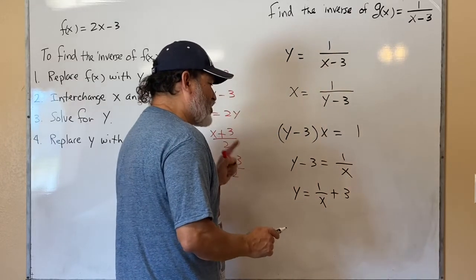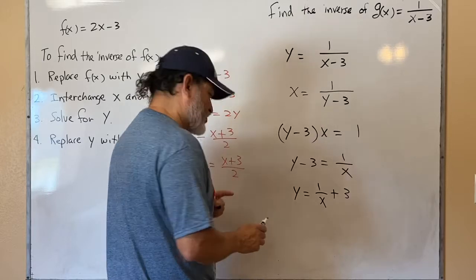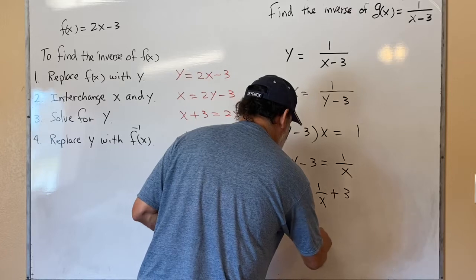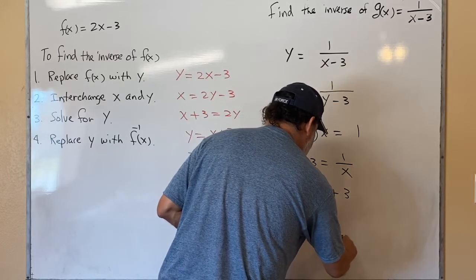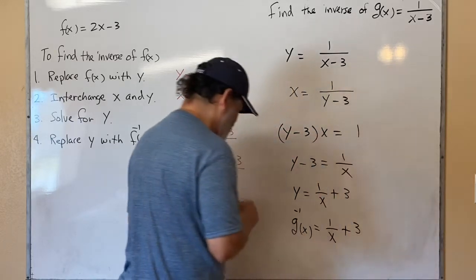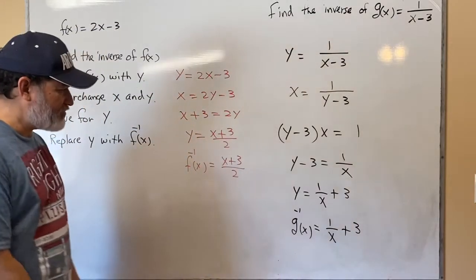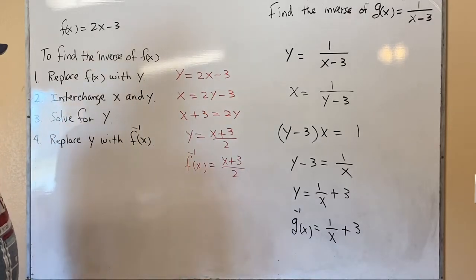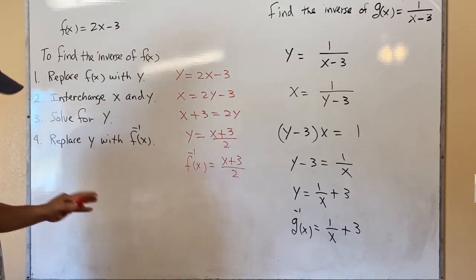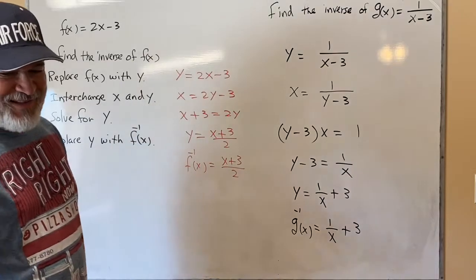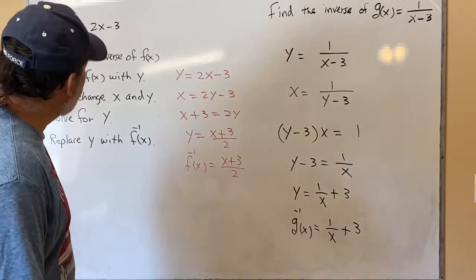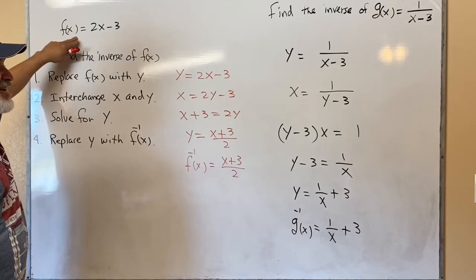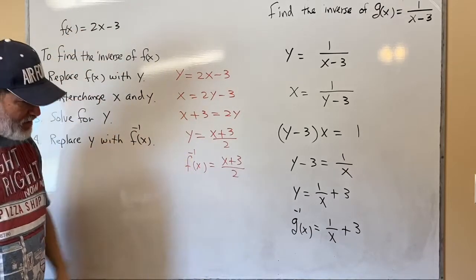And that is going to be the inverse. g inverse of x is going to be 1 over x plus 3. Let me erase that because I'm going to graph this function and its inverse.